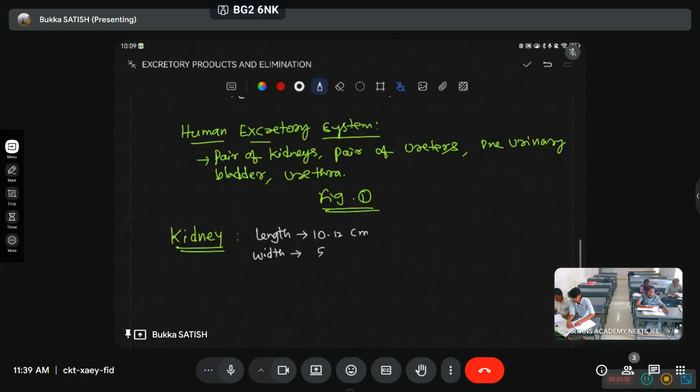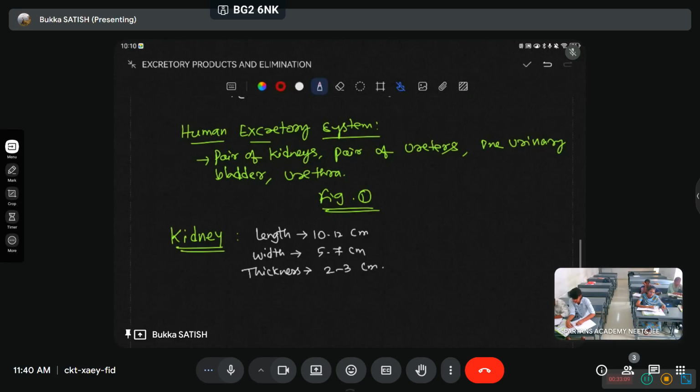Width is 5 to 7 centimeters. When it comes to thickness, it is 2 to 3 centimeters. Correct, 2 to 3 centimeters.